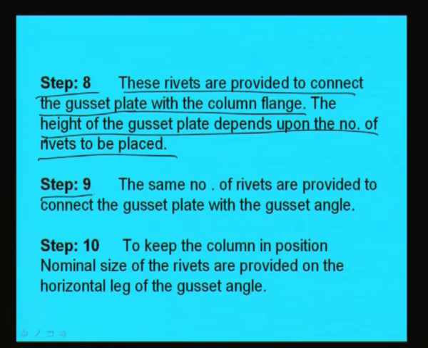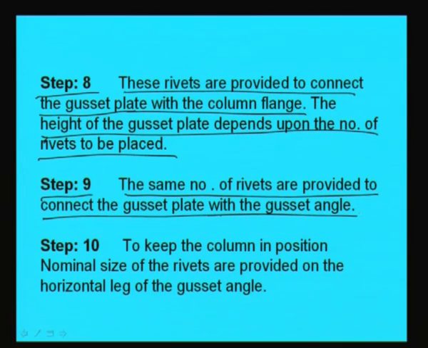In step 9 we will find that the same number of rivets are provided to connect the gusset plate with the gusset angle. Whatever number of rivets we have found, that same number will be provided to connect the gusset plate with the gusset angle.